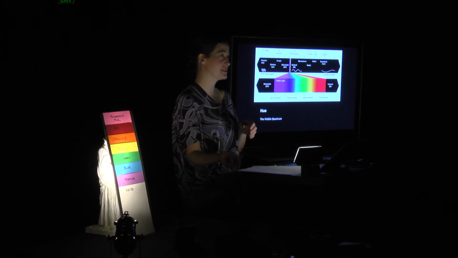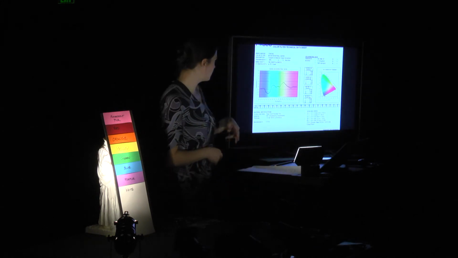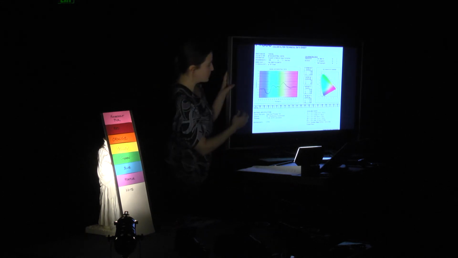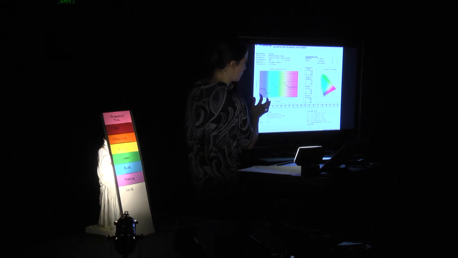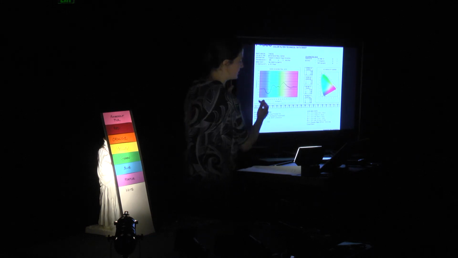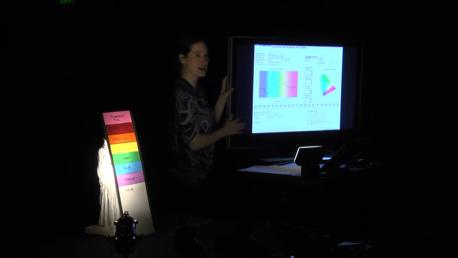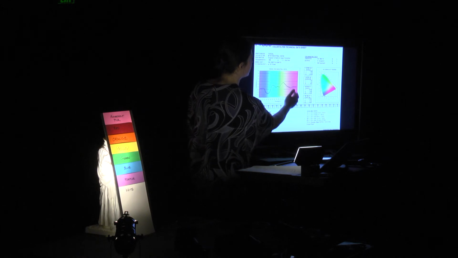Does that make sense? What you're looking at on those gel books is something like this. People often think that it goes from red to violet because we're used to ROY G. BIV, right? But it's actually the opposite direction. It's violet on this side and red on this side.